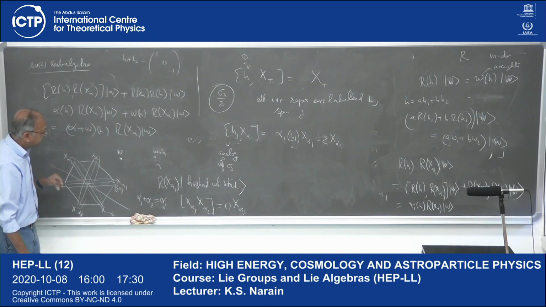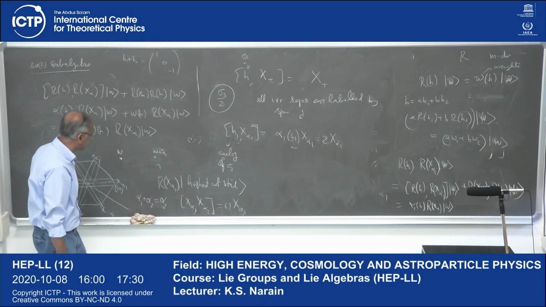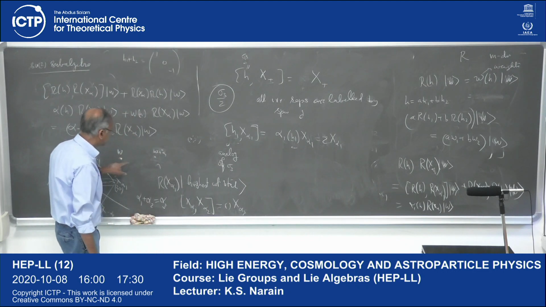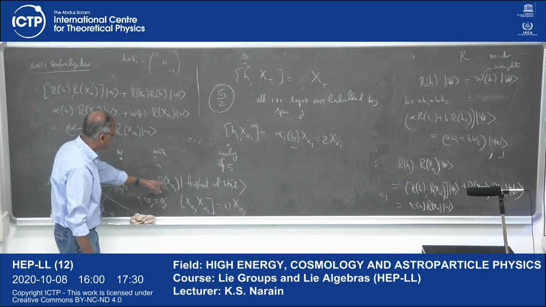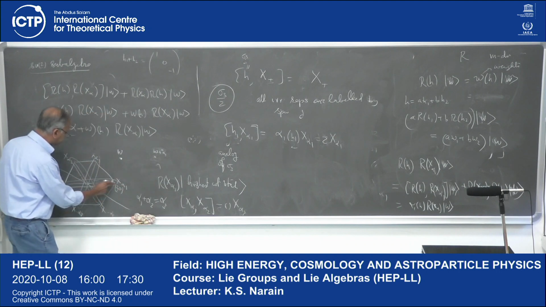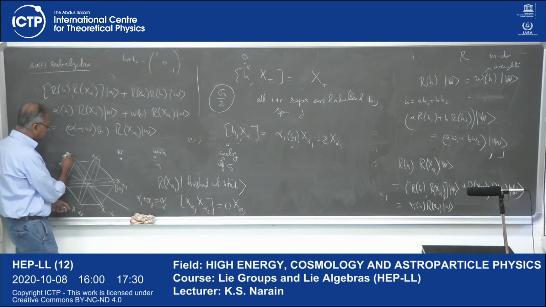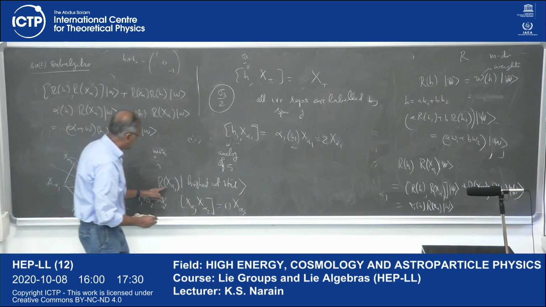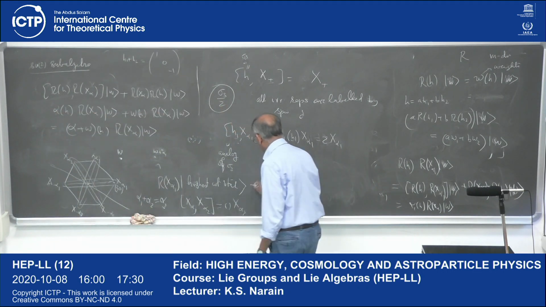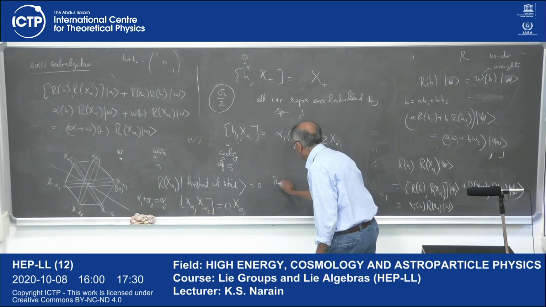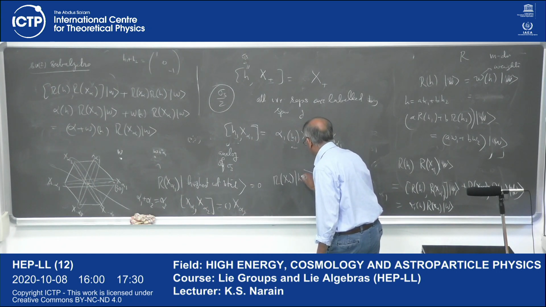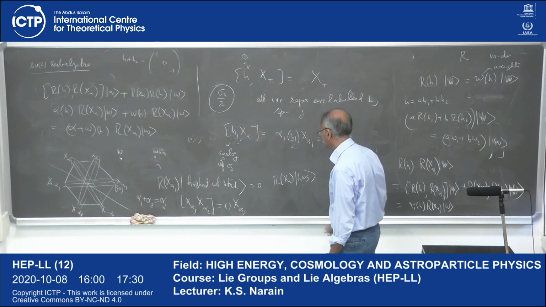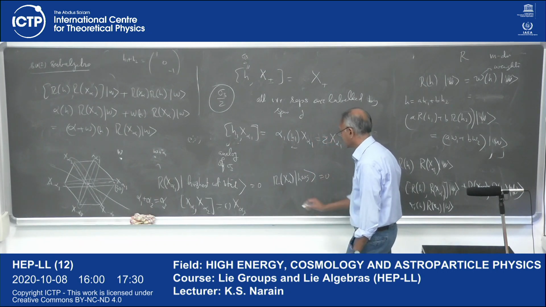So if I have already imposed the condition that there is some highest weight state, which is the highest weight with respect to this SU2 and also this SU2, that means x alpha 1 acting on this is 0, as well as x alpha 2 acting on this highest weight state, HWS, equal to 0.